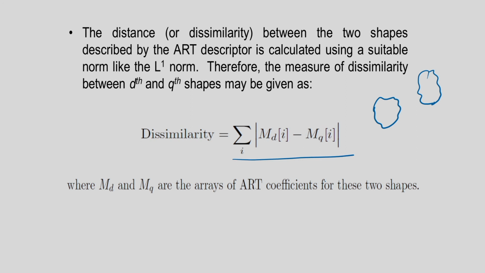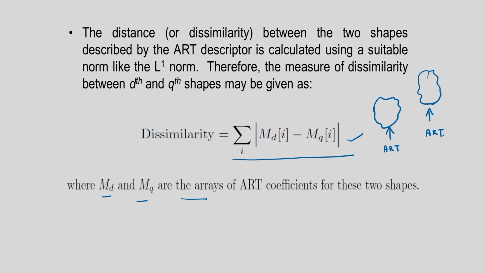You can see MD and MQ are the arrays of ART coefficients for these two shapes. For this shape we have to determine the ART coefficients, and for this also, and after this I can compare these two shapes by using MPEG 7 ART shape descriptors. So I can find the dissimilarity.